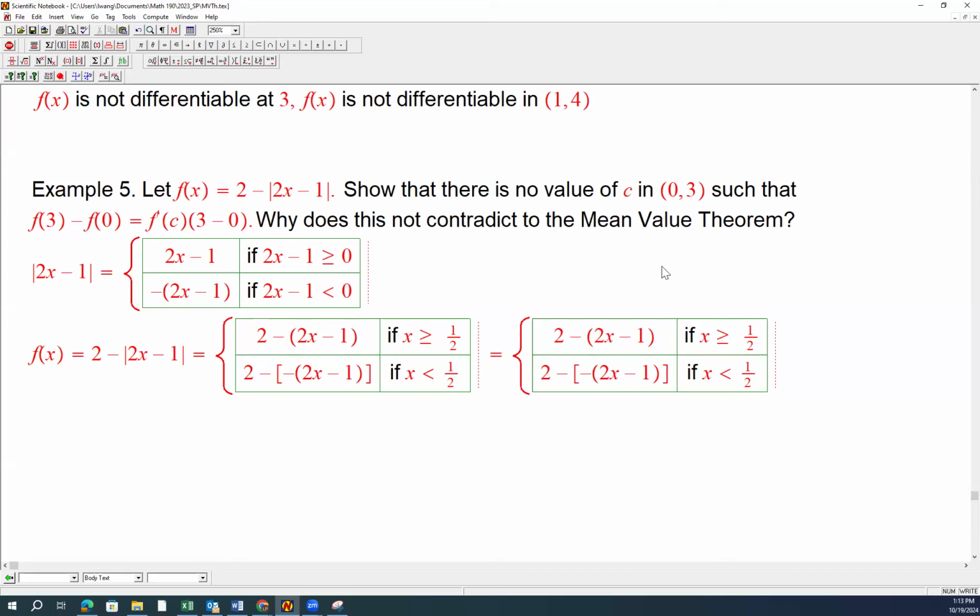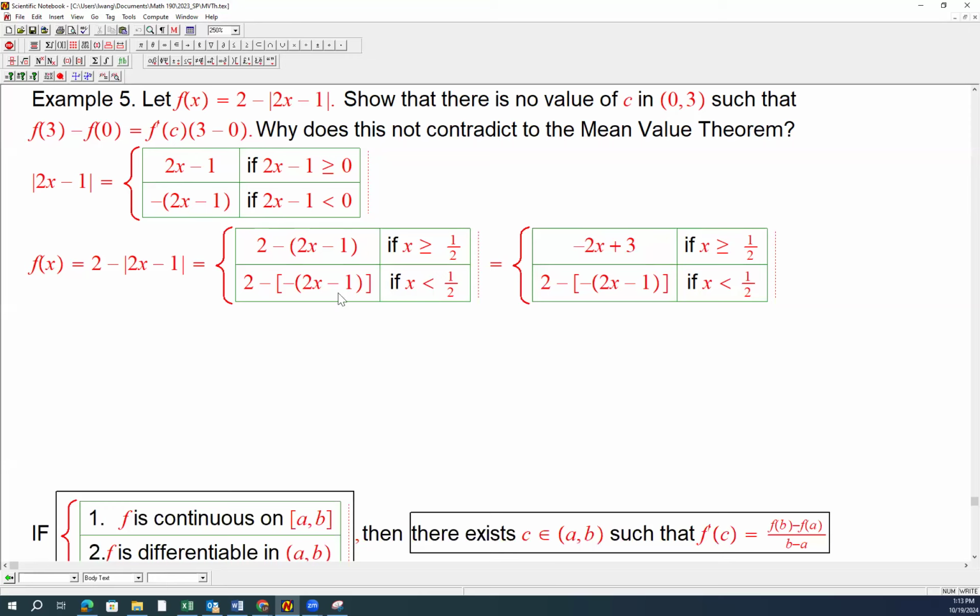Okay, so let's continue on this. We're going to simplify this function. So we're going to get negative 2x plus 1, right? So it's going to be negative 2x plus 3, because negative times negative 1 is a positive 1, so we add to 2, right?